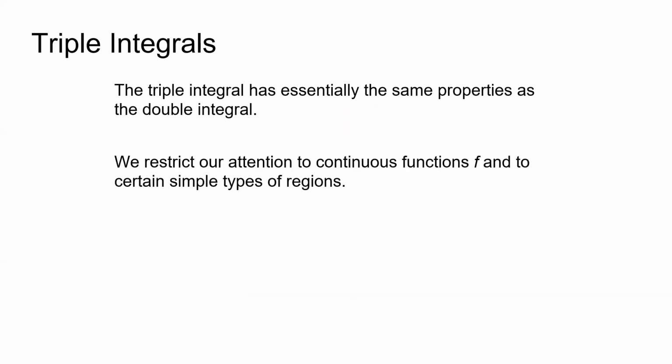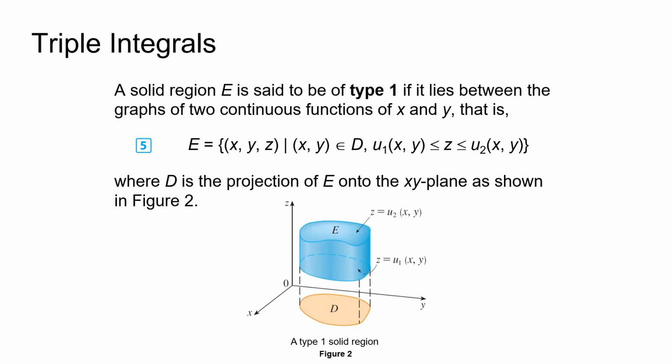There are different types of regions, just like there were type 1 and type 2 regions in double integrals. Here we have different types for solids in 3 dimensions as well. So let's discuss type 1.